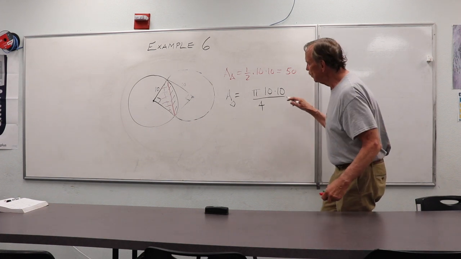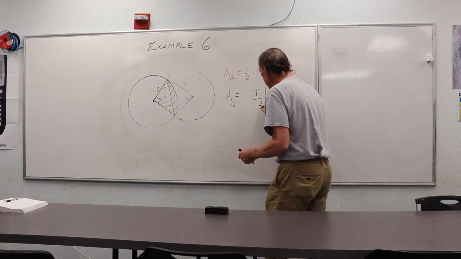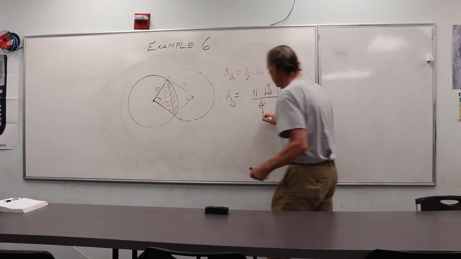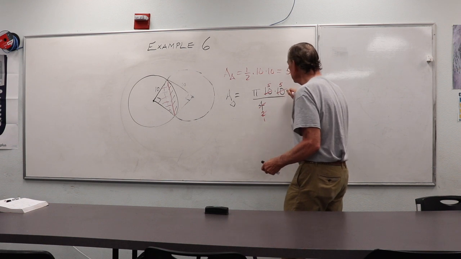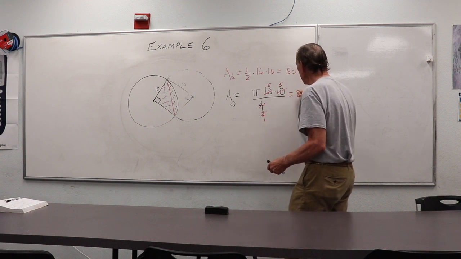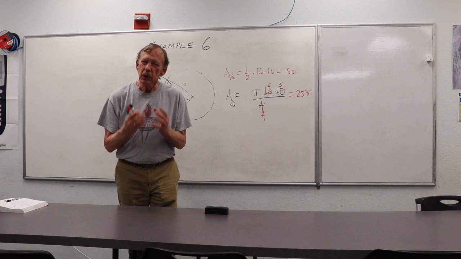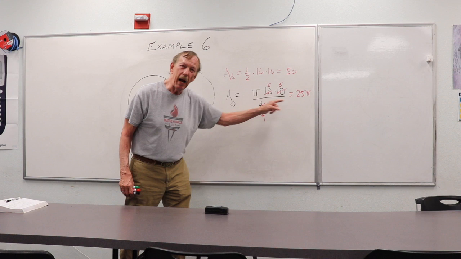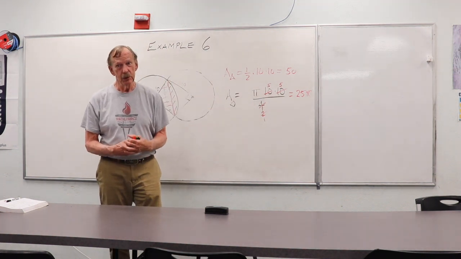And again, we can reduce. 2 goes into 4 twice and into 10 5 times. This 2 goes into itself once and into this 10 5 times. The answer, 25 pi. I hope that you're noticing something here. Before I multiply numbers, I just string them out so that I can see these kinds of things. It makes your calculations so much easier.